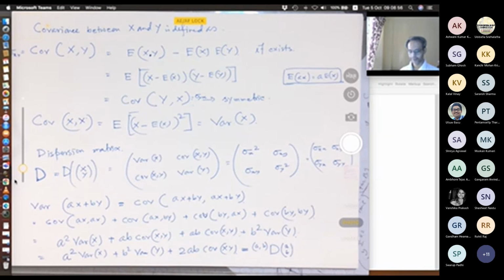Will you get this thing? Is it okay for everybody? It is a 2 cross 2 matrix.